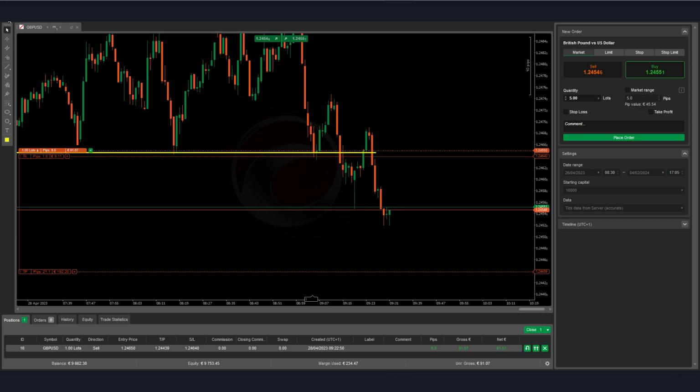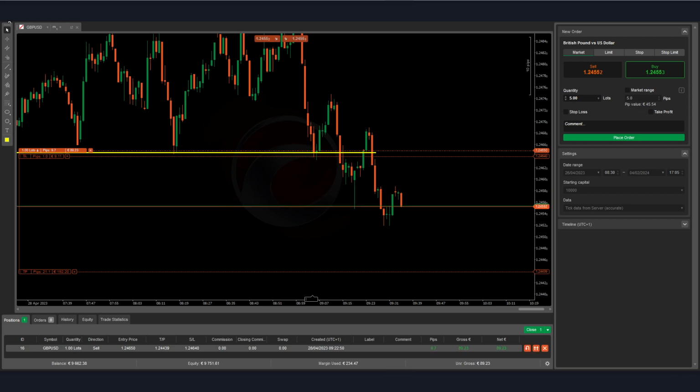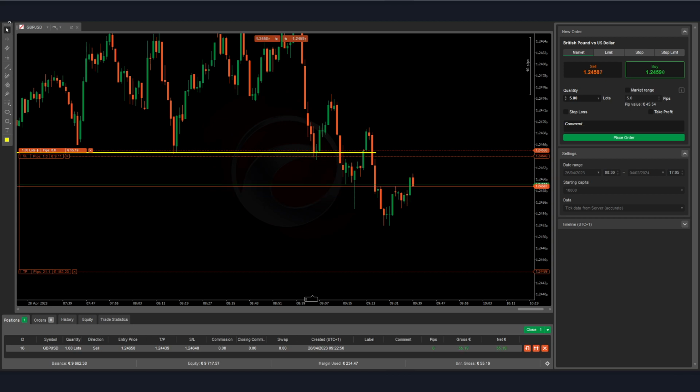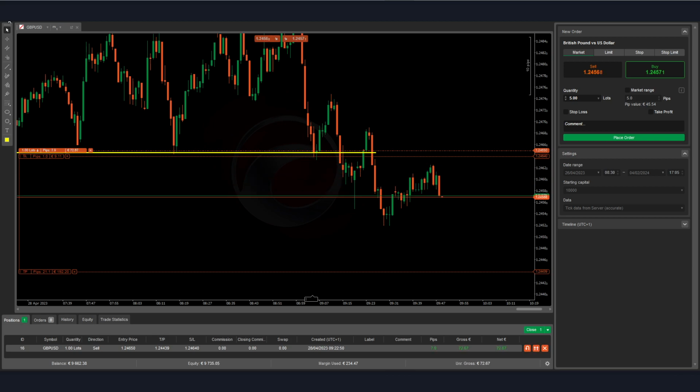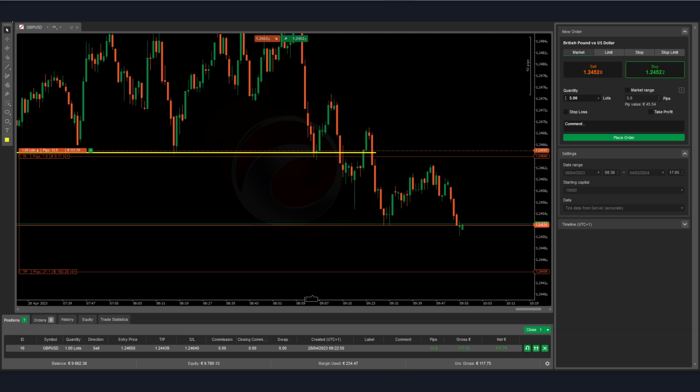The momentum looks nice. And now it doesn't look nice anymore. Okay, 11 pips. Let's see if it continues down.